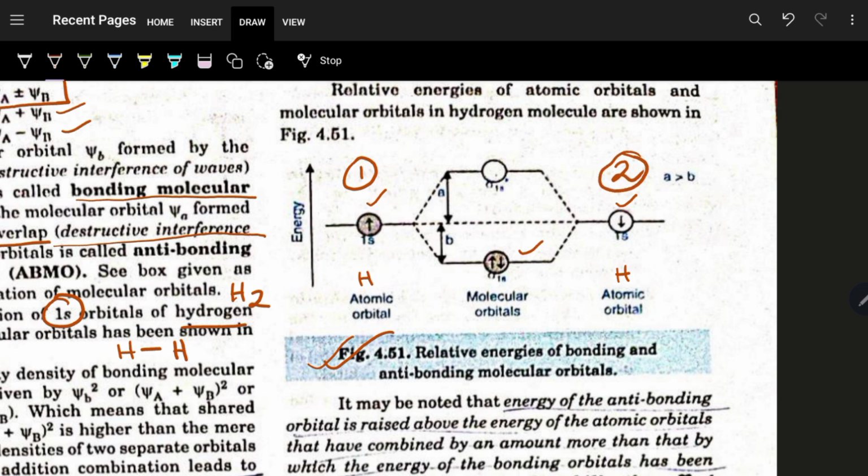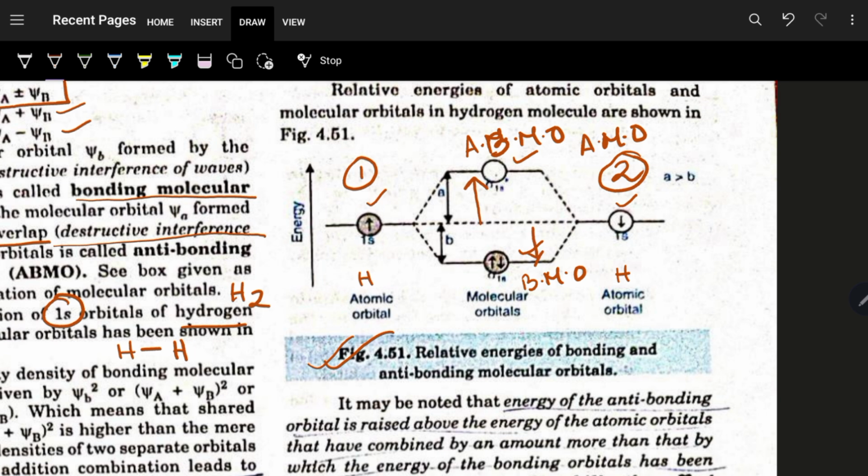Similarly, I have 2 molecular orbitals formed, out of which one is bonding molecular orbital and the other is anti-bonding molecular orbital, or simply I can say AMO. Anti-bonding molecular orbital is energetically higher, and bonding molecular orbital is energetically lower.